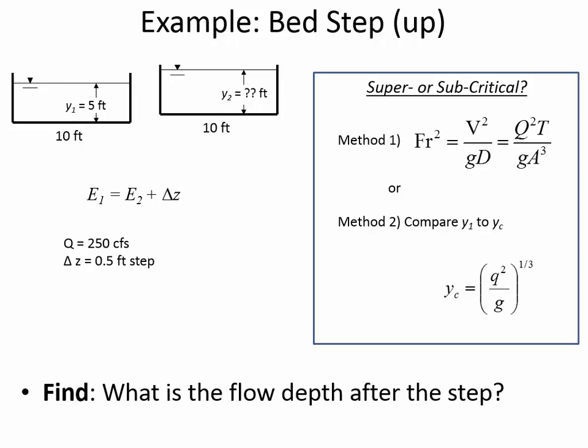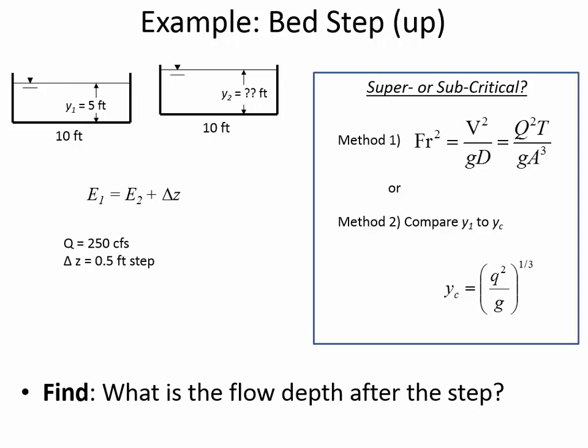You can see from the comparison on the board that since that 2.69 feet of critical depth is less than the given depth of 5 feet at Y1, it's subcritical flow. So any questions with diagnosing the flow regime, just to do the preliminaries there?